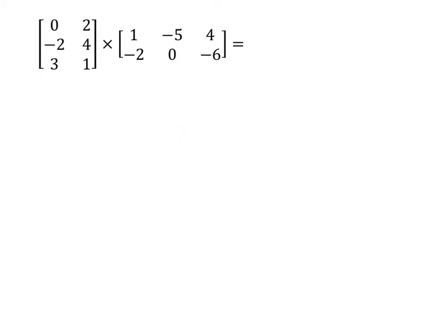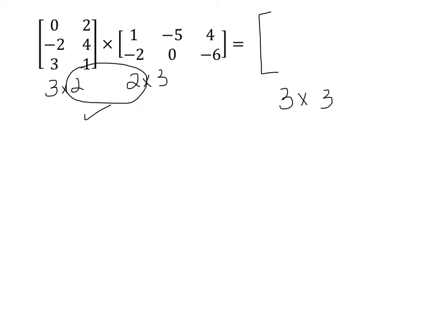Okay, we've got two more matrices. This is a 3x2. This is a 2x3. These numbers are the same, so I can multiply, and my resultant matrix will be a 3 by 3. So I will start with 0 times 1 plus 2 times negative 2.